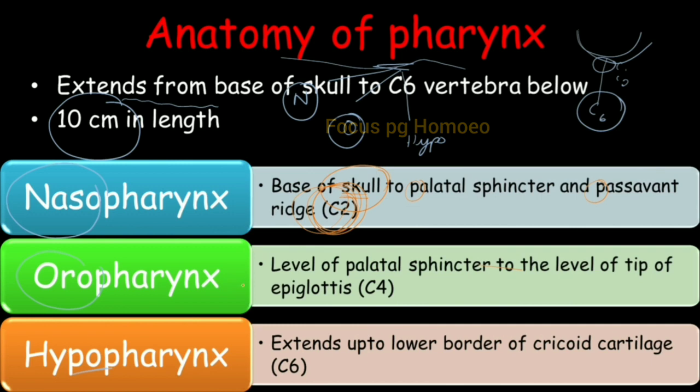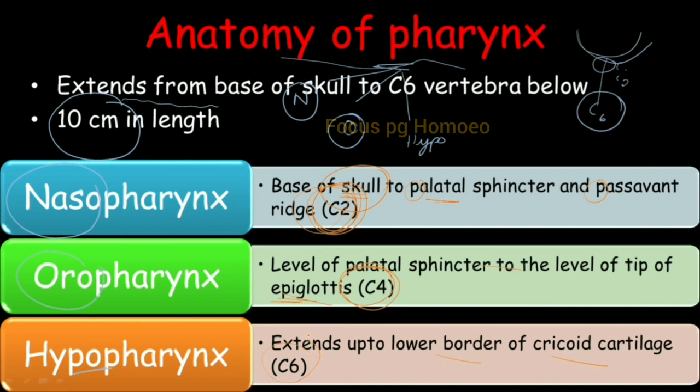Then comes oropharynx, from the level of palatal sphincter to the level of tip of epiglottis. So up to palatal sphincter it is nasopharynx, and now it extends from palatal sphincter to the epiglottis. Here the vertebral level is C4. Then hypopharynx extends up to the lower border of cricoid cartilage, which is at the level of C6.